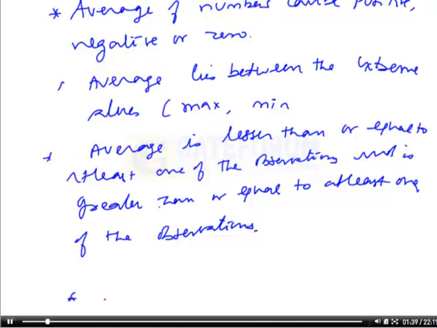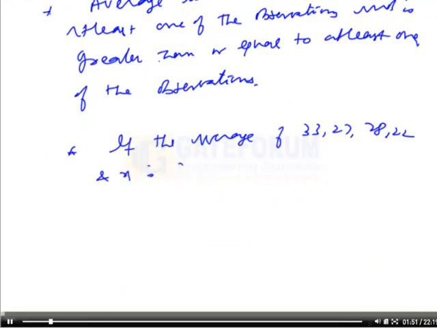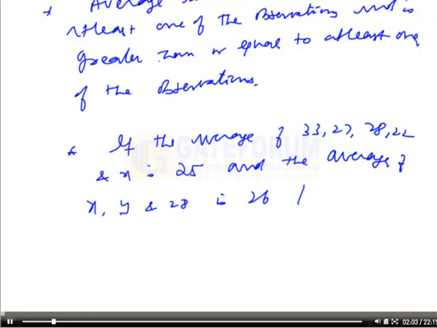Let's look at a simple question. If the average of 33, 27, 28, 22 and x is 25, and the average of x, y and 28 is 26, find y.